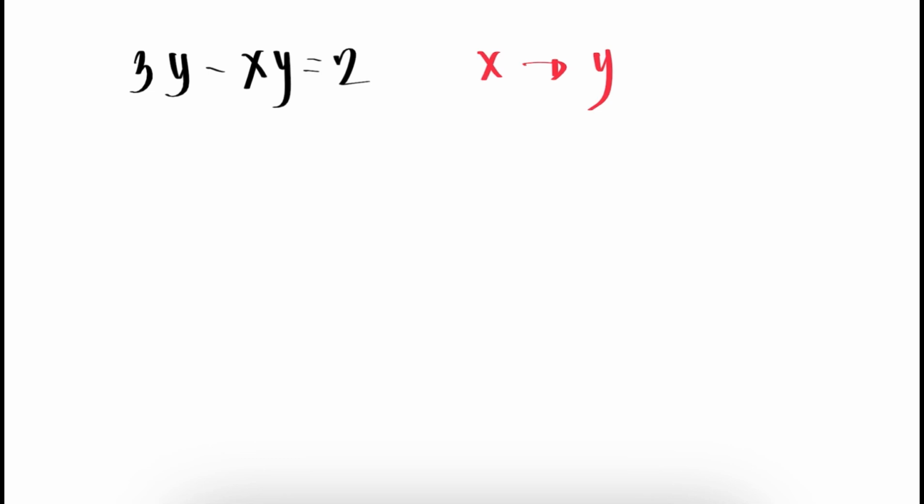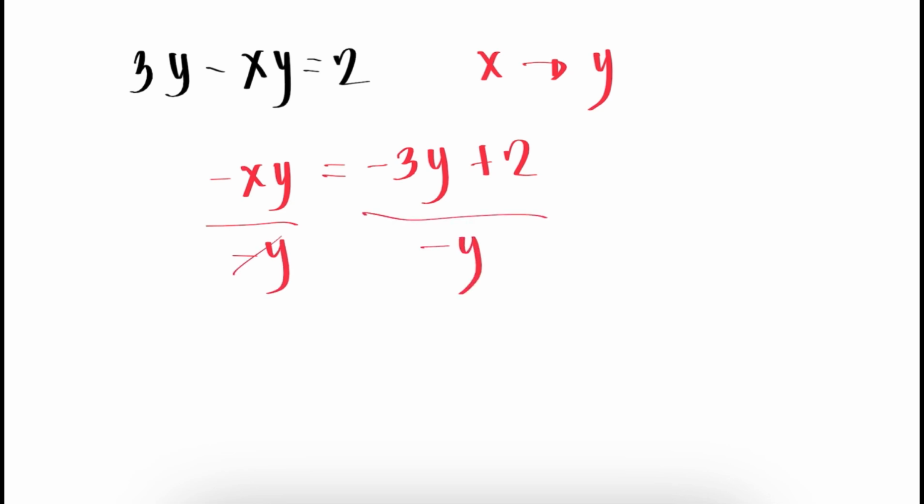Okay, let's solve the equation. We have bring down negative xy is equal now to transpose 3y to the right. That is now negative 3y. Bring down positive 2 and that's plus 2. Then let's divide both sides by negative y. So cancel this out. Therefore, we have x is equal now to negative 3y divided by negative y is positive 3y over y, and positive 2 divided by negative y is negative 2 over y.